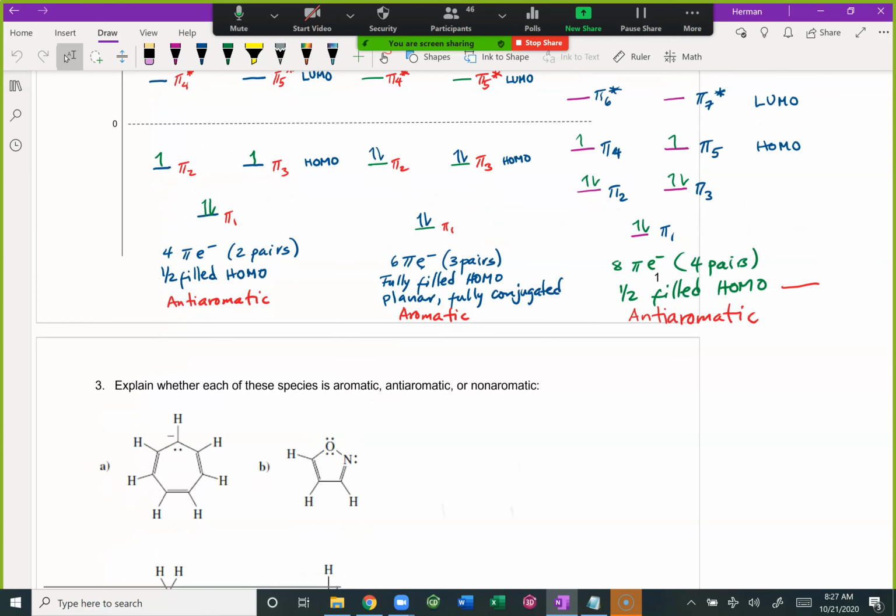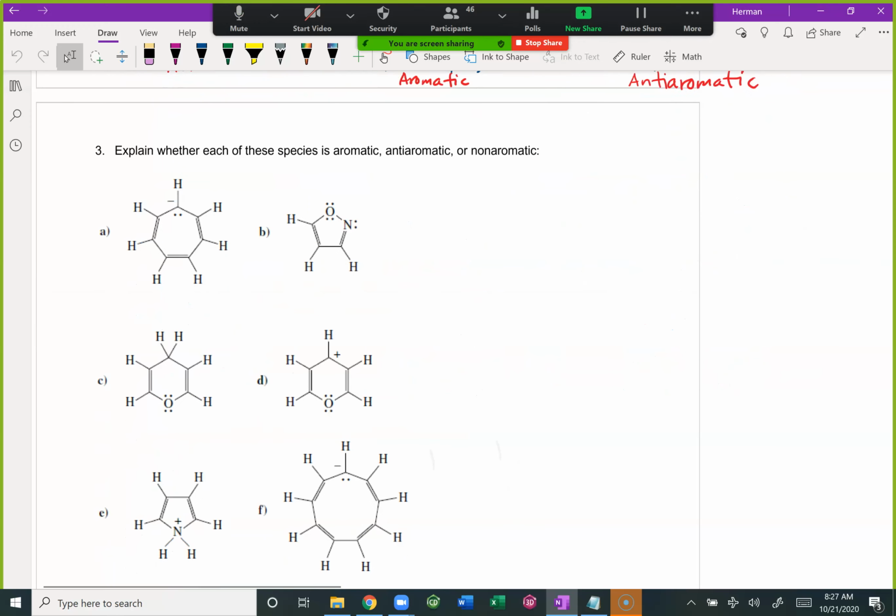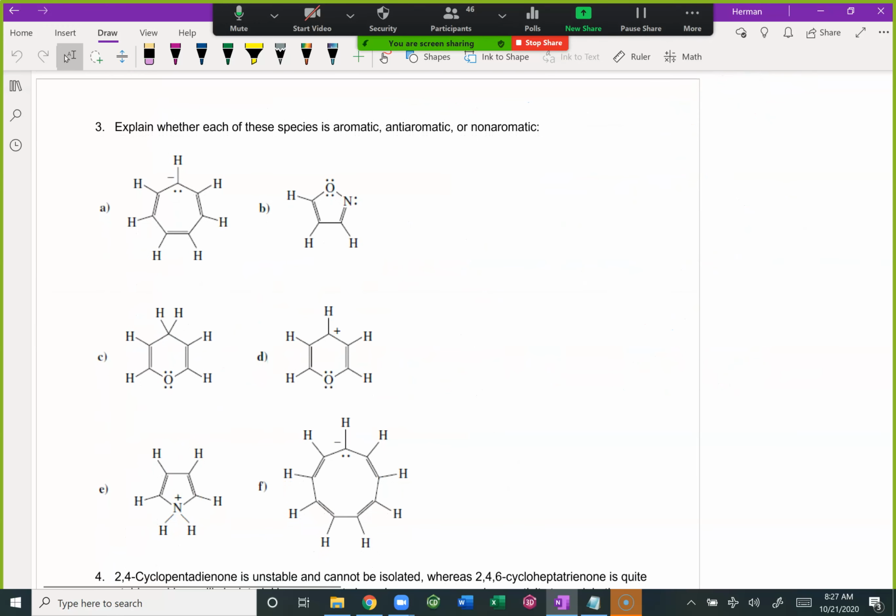We'll have to do a little investigative report on how many pi electrons each species has, and compare that to Huckel's rule, also looking for sp3 carbons to define them as non-aromatic. So let's get started.